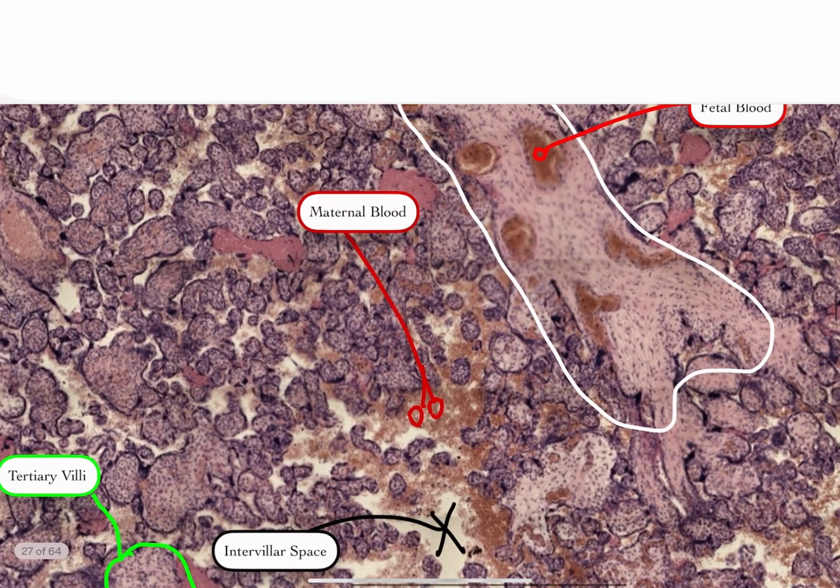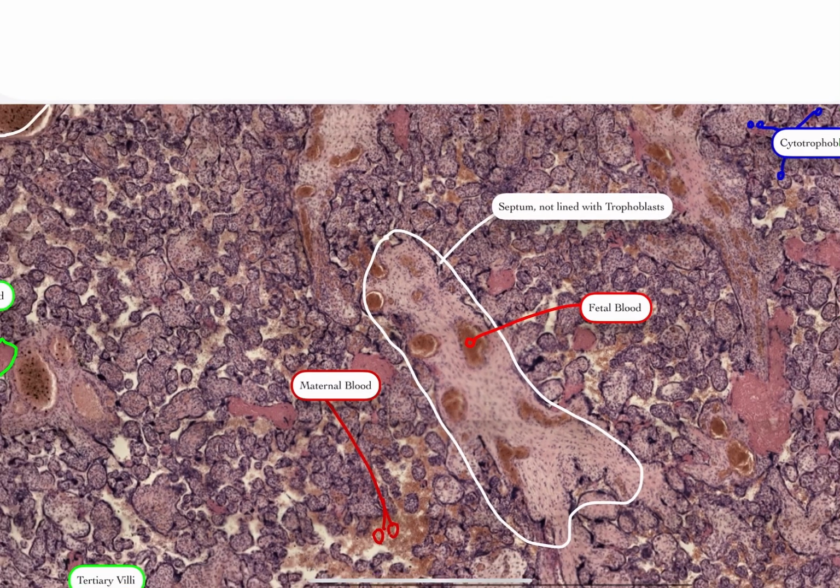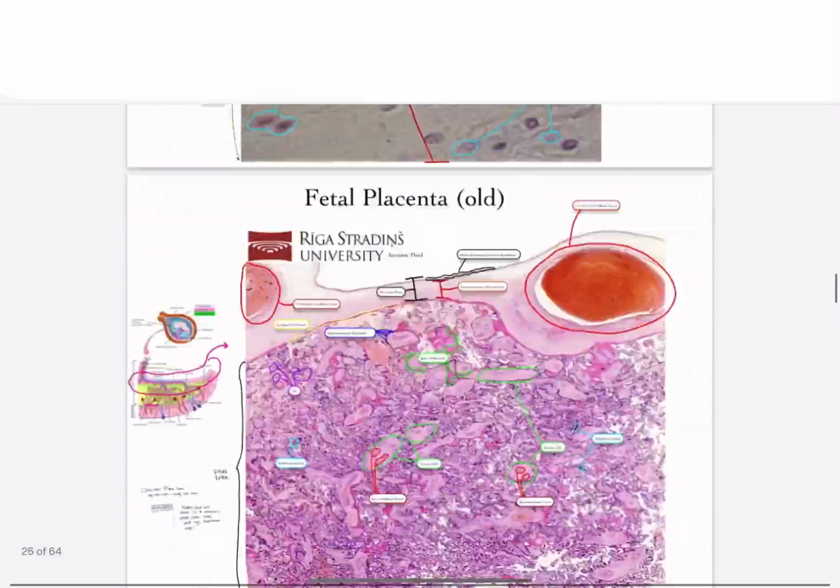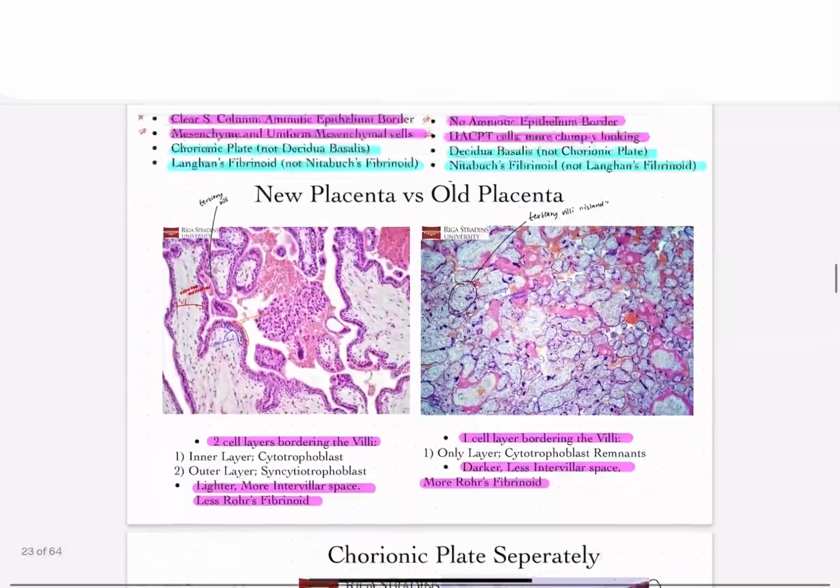And if we're looking at blood within the intervillar space, that would be the maternal blood. While blood within the tertiary villi that have these blood vessels inside, once they contain blood, that would be the fetal blood. So the fetal blood may never mix together with the maternal blood. That's why the fetal blood is kept within the tertiary villi, while the maternal blood is kept within the intervillar space. I believe there's a better image up here.